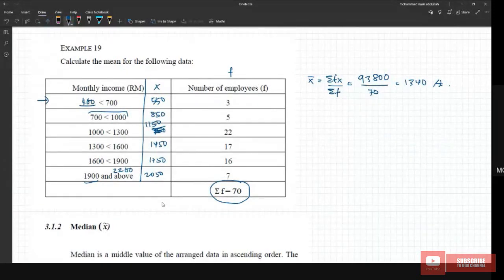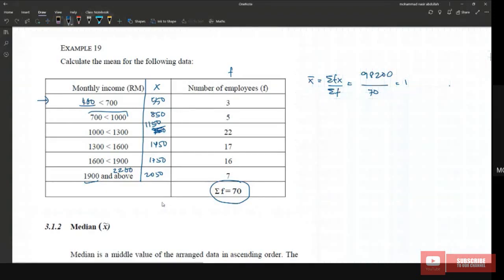So this one should be 98200 divided by 70. It should be equal to 1402.86, yeah. Right. So you get the same one.